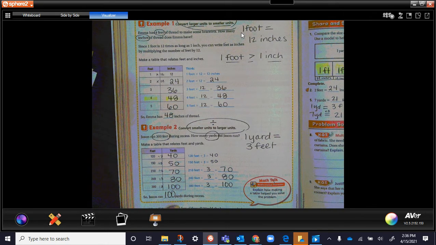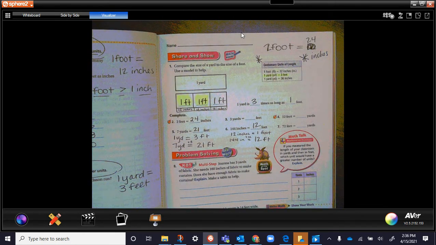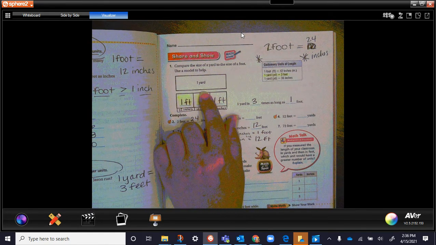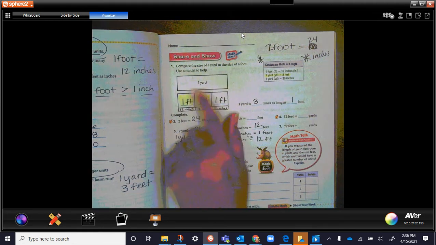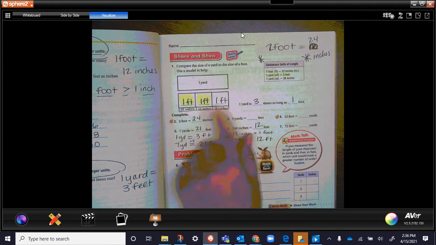Then we went over to page 527, and we started talking about it with strip diagrams instead of in a table. Here, this was showing 1 yard, and we know that 1 yard is equal to 3 feet.